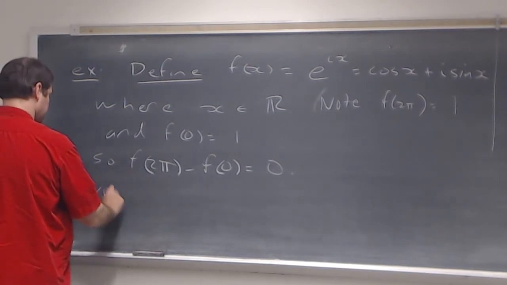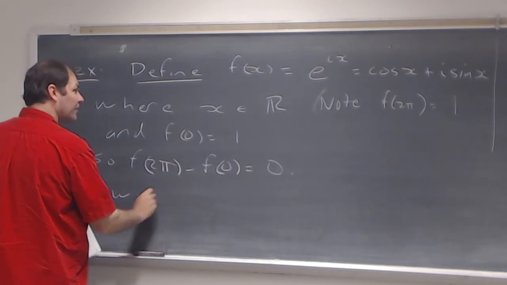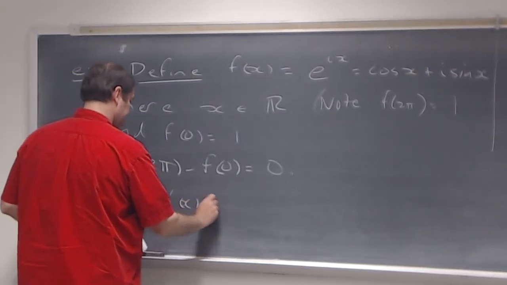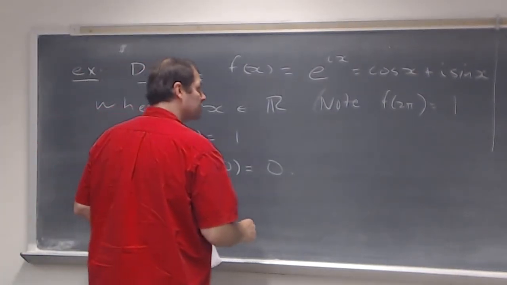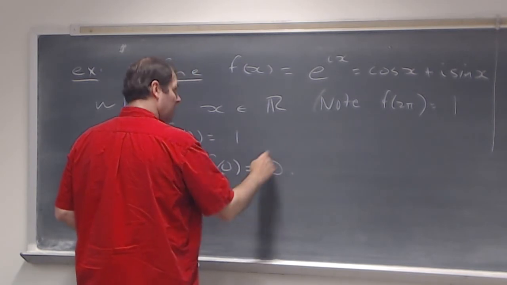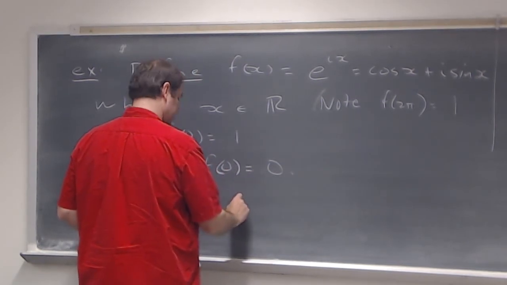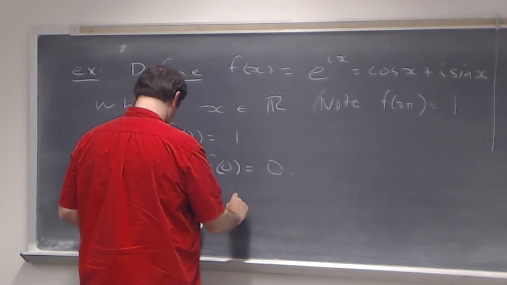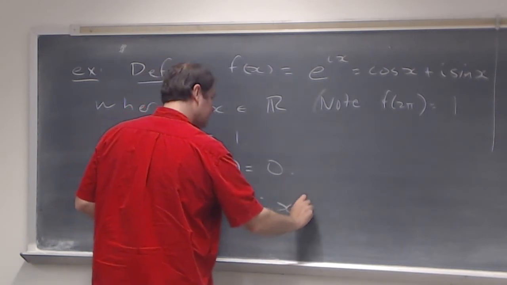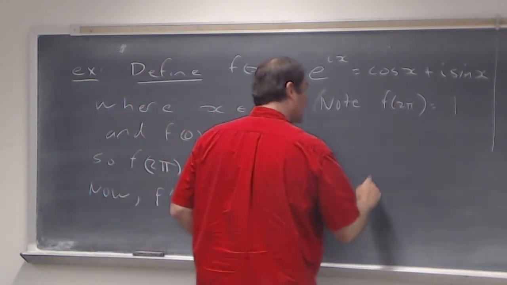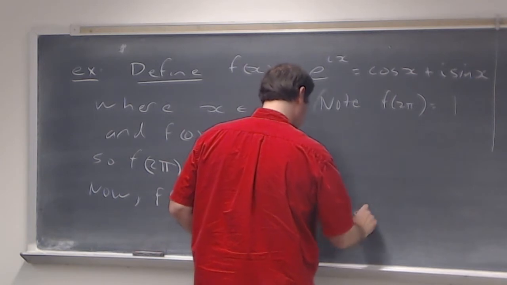Now, it turns out that f prime of x is going to be equal to the derivative of cosine, which is minus sine of x, plus i times the derivative of sine, which is cosine of x.